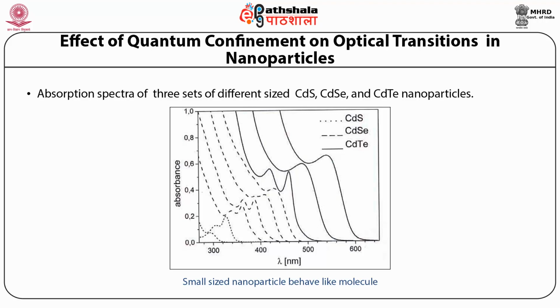Using these three semiconductor nanoparticles, optical transitions over a range of 300 to 600 nanometer can be covered. An even wider range can be covered using cadmium telluride and mercury telluride systems.